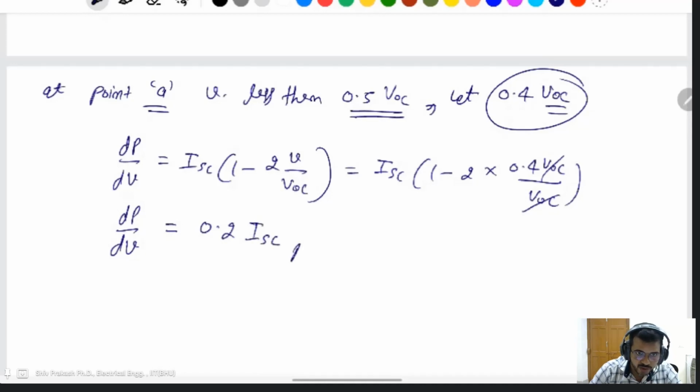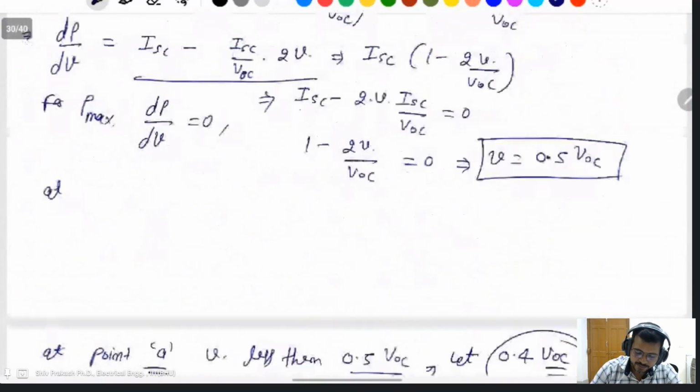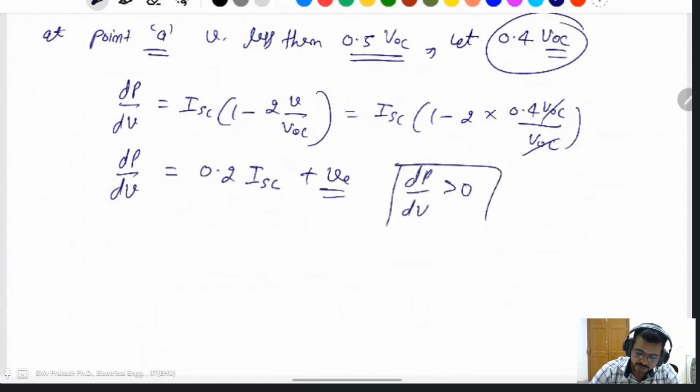ISC is a positive value, it will not be negative anywhere, so the overall will be positive. Then dP by dV is greater than 0.